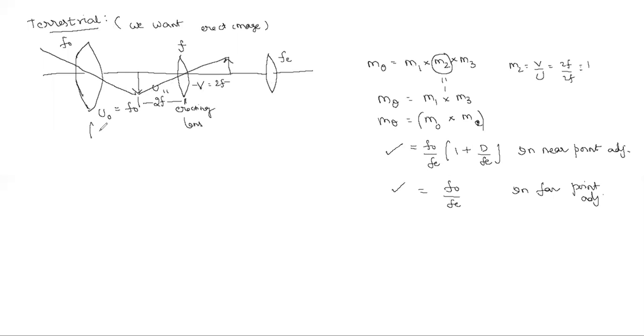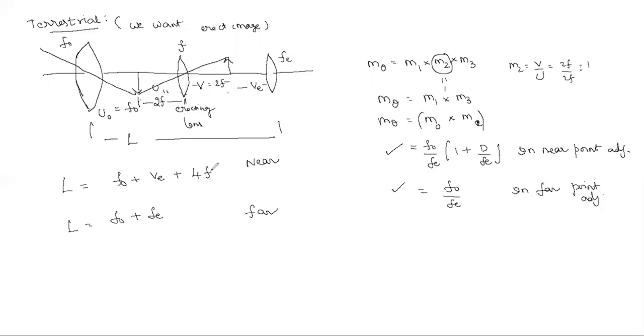But the problem is the length of the telescope has changed. Look here, the length of telescope previously I wrote as F naught plus FE, for far point adjustment, and near point adjustment gives F naught plus VE. But here it is F naught plus 2F plus 2F plus FE.